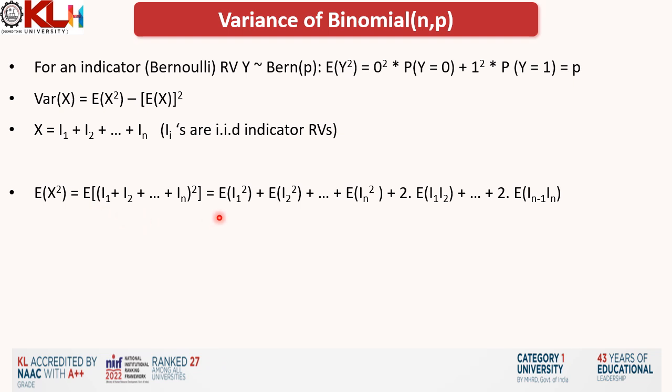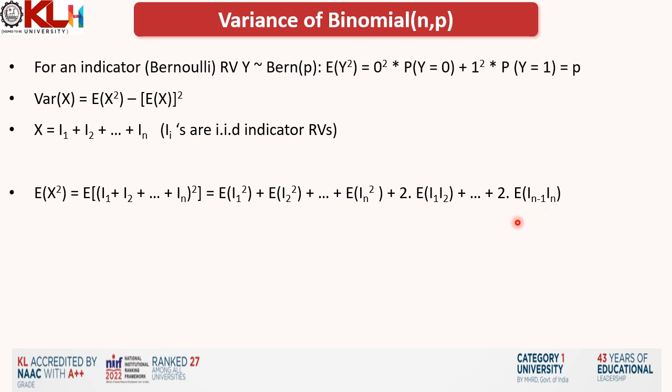Again, we can separate them out by expanding this square. So E of I1 square plus I2 square up to In square, and then we have the combination of two indicator random variables, those terms. So 2 times E of I1 I2 all the way up to 2 times E of In minus 1 In.